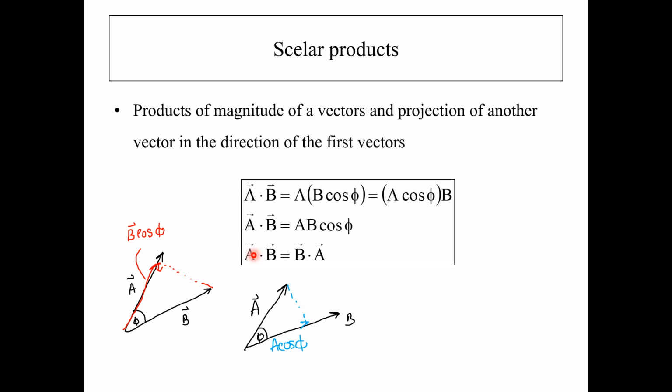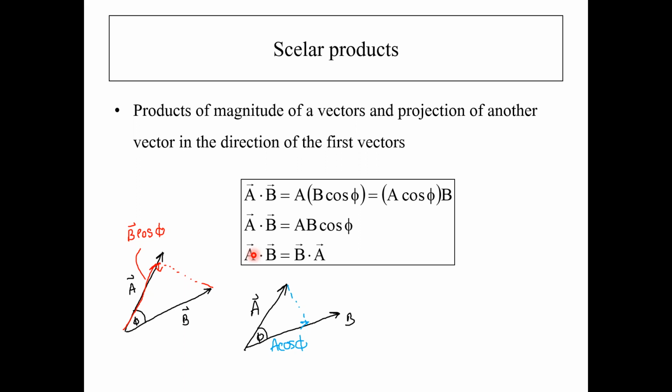Suppose A and B have magnitudes A and B and make an angle phi between the two. So B in the direction of A is B cosine phi.